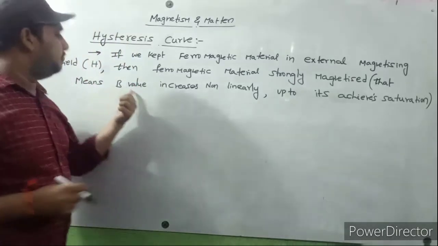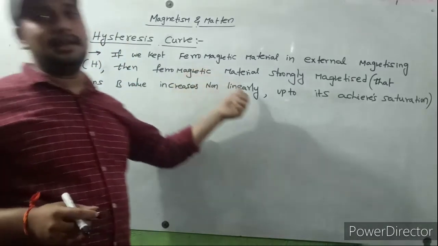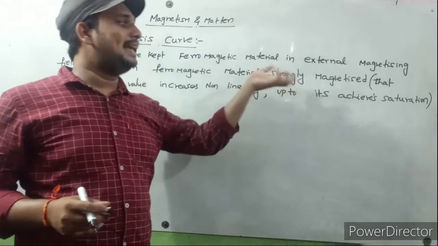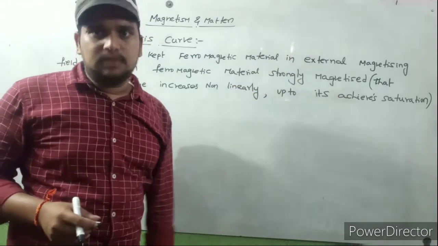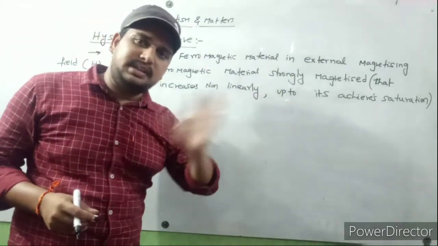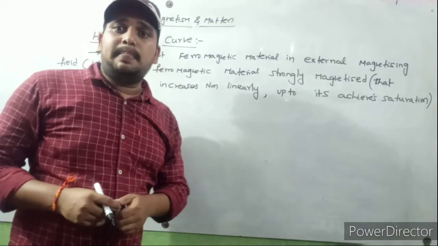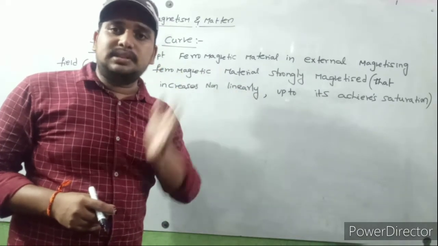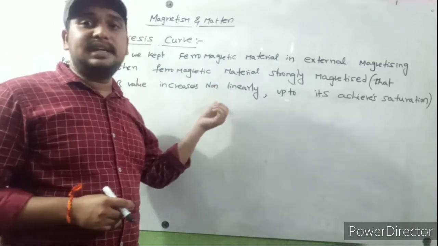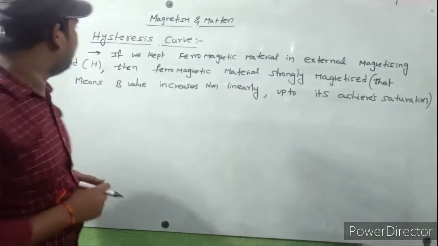The B value increases non-linearly until it achieves saturation. Once it achieves saturation, it does not change; the B value does not increase. Before saturation, the B value increases non-linearly.